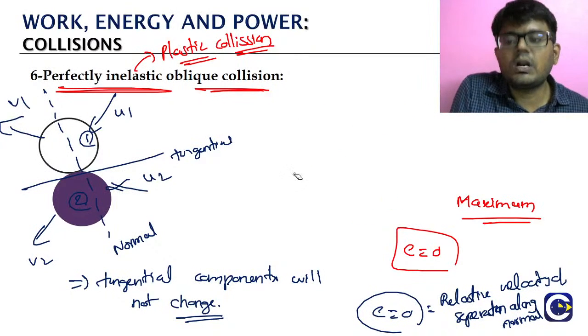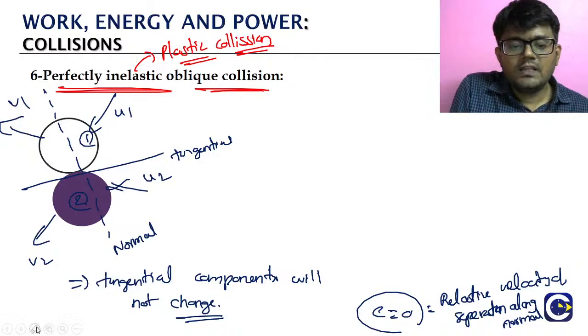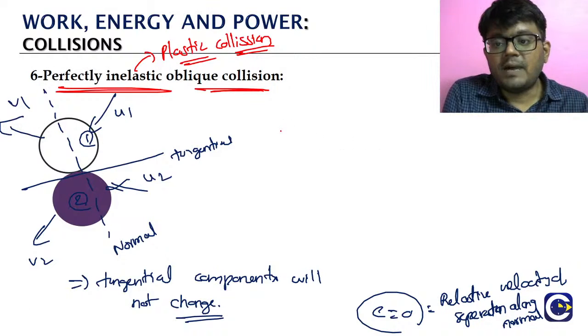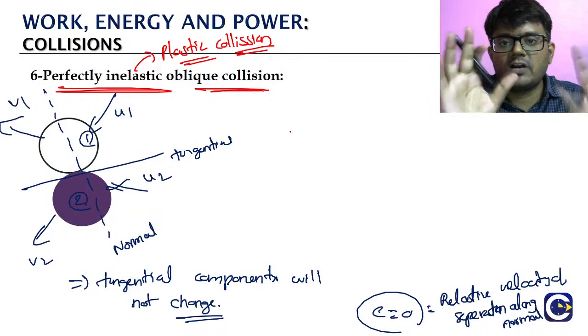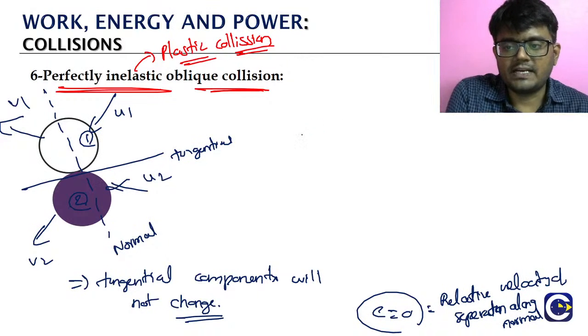So finally, what are we going to conclude? Paranga, in an oblique perfectly inelastic collision, after the collision the particles need not move together. So what is the conclusion?